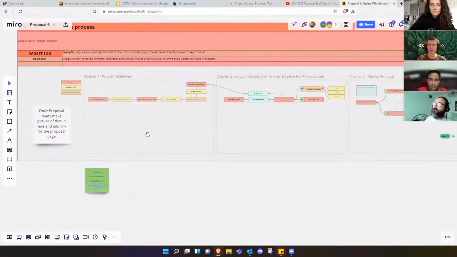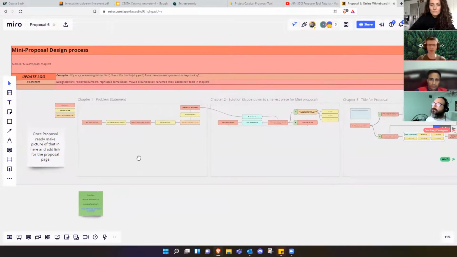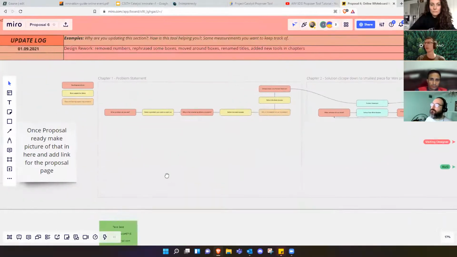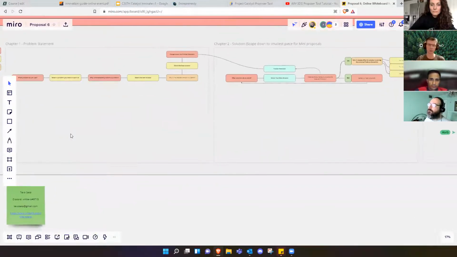So at the start, the most important thing for the proposer and the voter is the problem statement. If you get this right, you will have a much easier time scoping down the solution and the roles and all of the other stuff, if you have a defined view of what the problem is that you're going to solve.